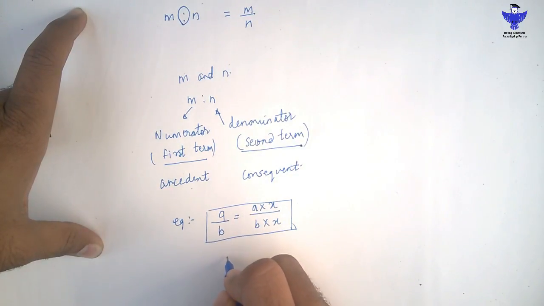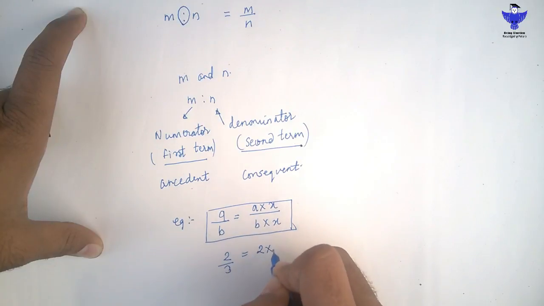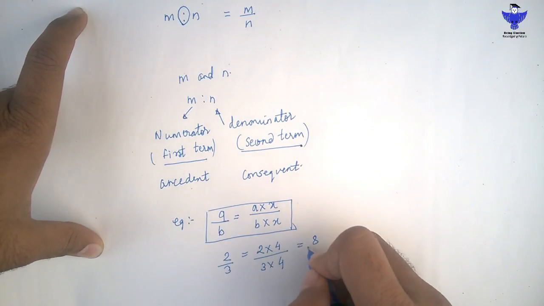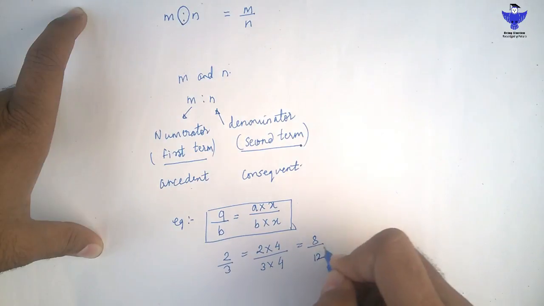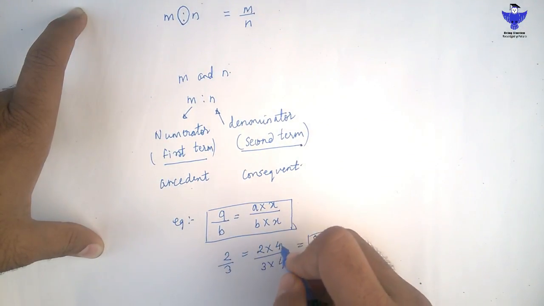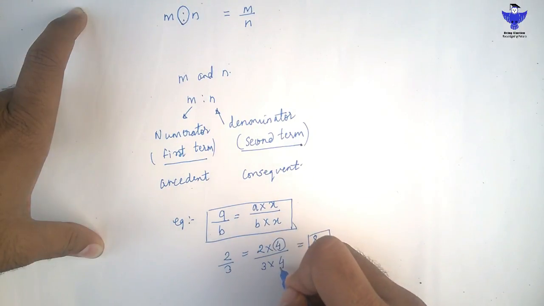If we take 2 is to 3 and multiply both by 4, the values will be 8 and 12. The ratio will be the same if you multiply the numerator and denominator by the same number, 4 and 4.